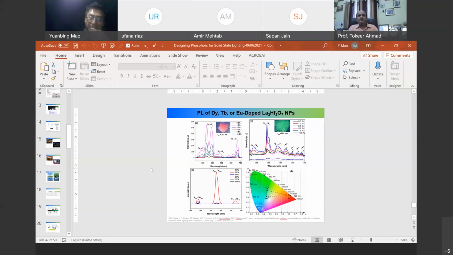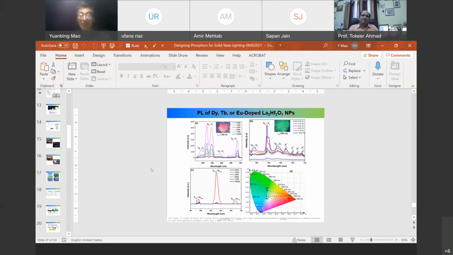Can we say white light is monochromatic? Oh no, white light is not, because it covers the visible range. That gives us white light. Then could you please highlight the pros and cons of using white LEDs over mercury or xenon lamps in various applications such as hydrogen generation? Hydrogen generation, okay.